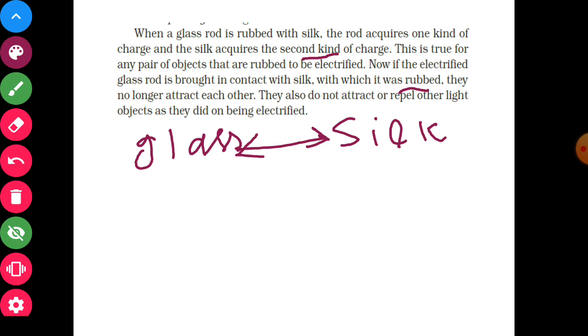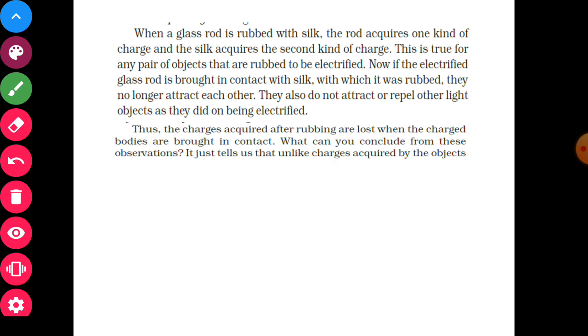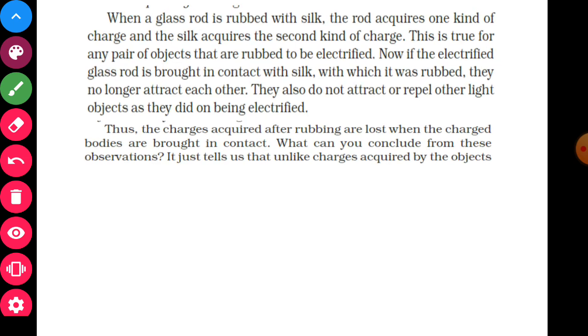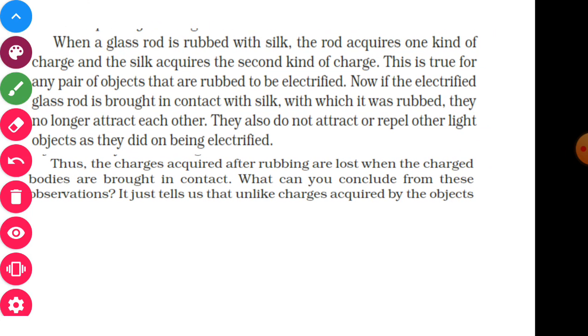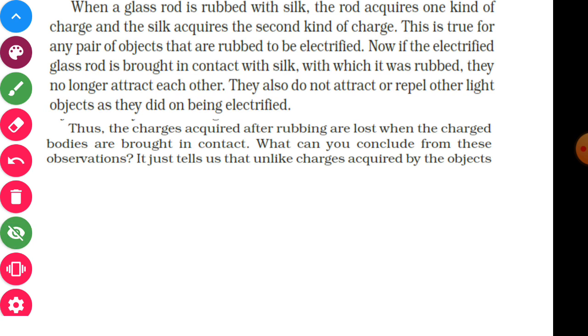They also do not attract or repel other light objects. So now they are no longer electrified, or their electrification has been lost. Thus the charges acquired after rubbing are lost when the charged bodies are brought in contact.